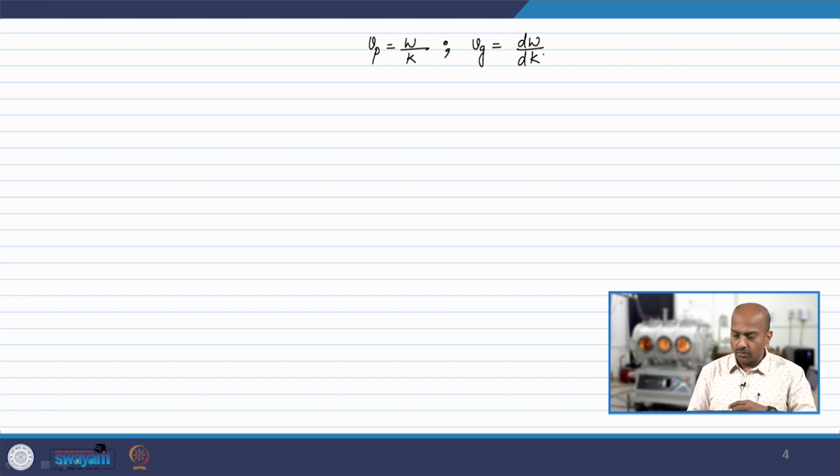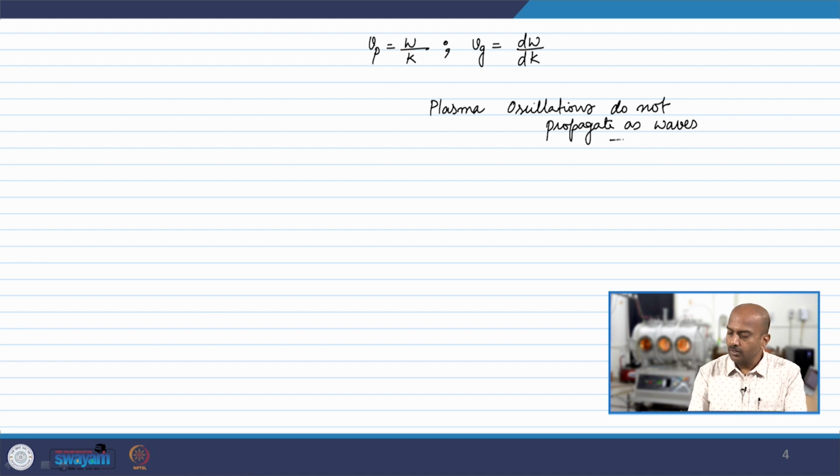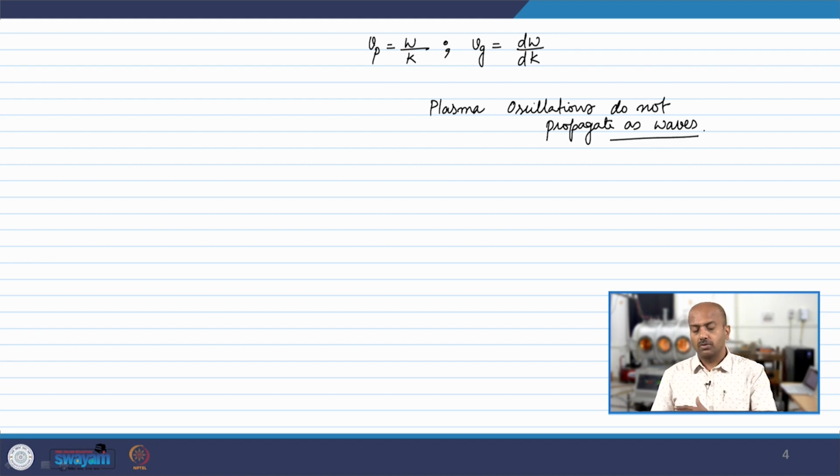The major conclusion is that we can write it down: the plasma oscillations do not propagate as waves. This is the most important conclusion. The plasma oscillations do not propagate as waves.